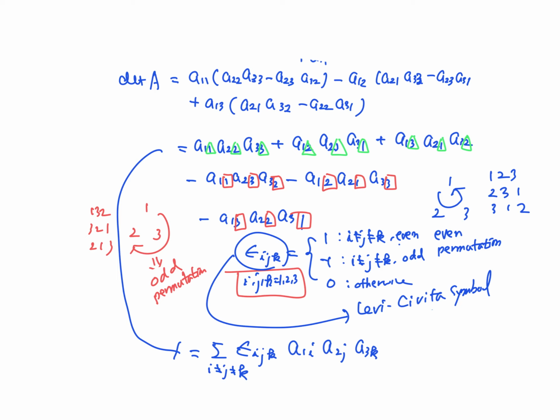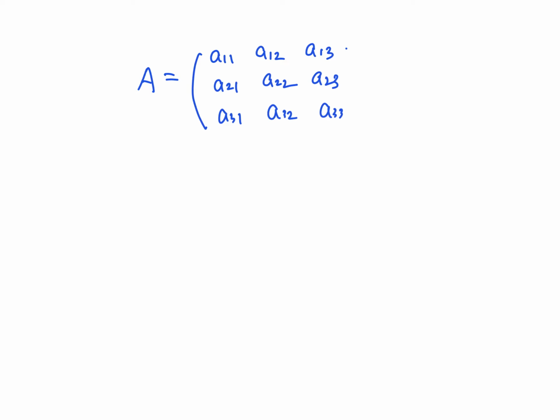So one practical method uses this even and odd permutation concept. Let's start with the blue. A is A11, A12, A13, A21, A22, A23, A31, A32, A33.